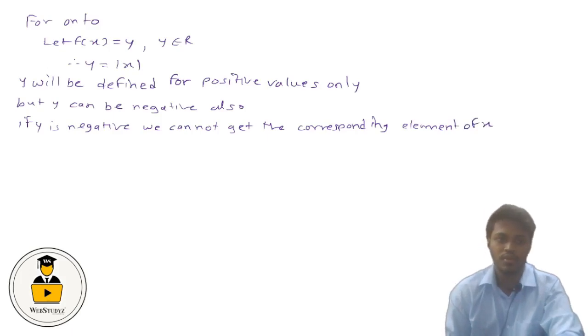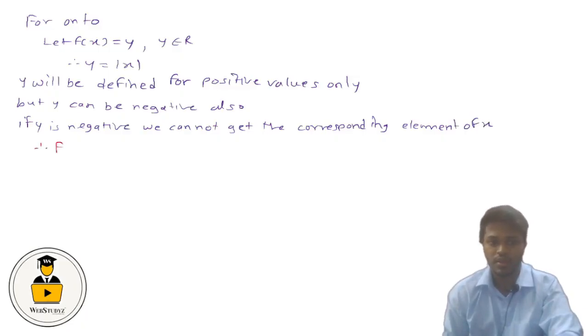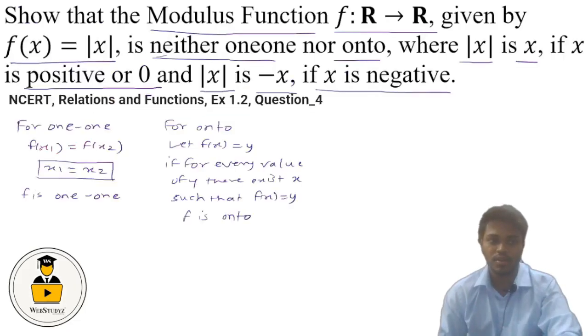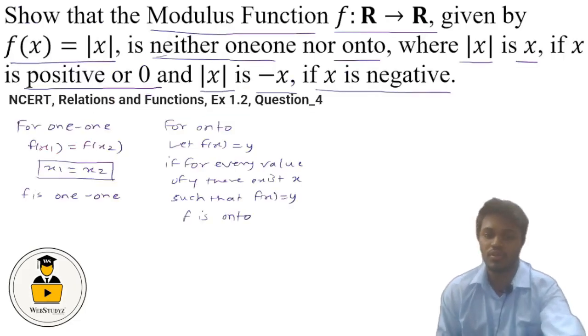Since we are not getting a corresponding element of x for the value of y, therefore we can say that f is not an onto function. So from this we can say that the modulus function is neither one-one nor onto.